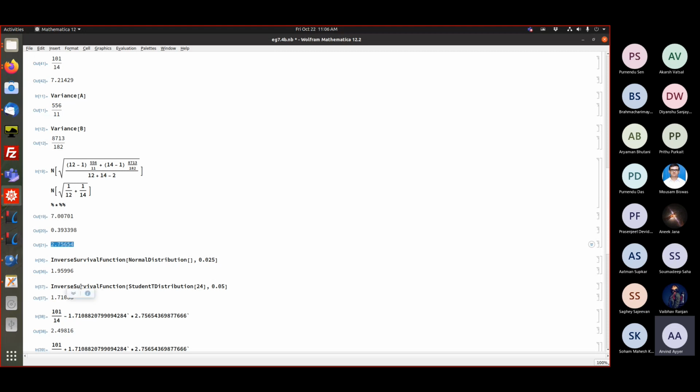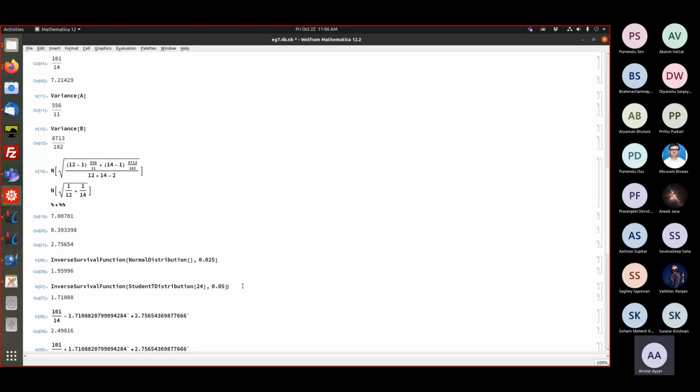In Mathematica, this is done with something called the inverse survival function. So I'm computing the inverse survival function for the t distribution with 24 degrees of freedom at 0.05. Just to confirm that the inverse survival function does what it does, I take the standard normal at 0.025, which we have memorized to be 1.96, and that's it. So we take this value and I get 1.71.